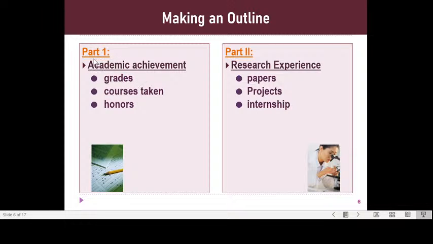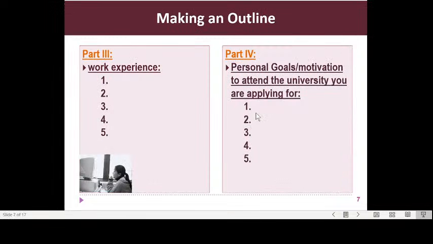For example, part 1, academic achievement, and here academic achievement should include your grades, courses taken, and honors. And then the second part of the outline, your research experience, what kinds of papers you've written, what kinds of projects you've carried out, internship if you've done any training.